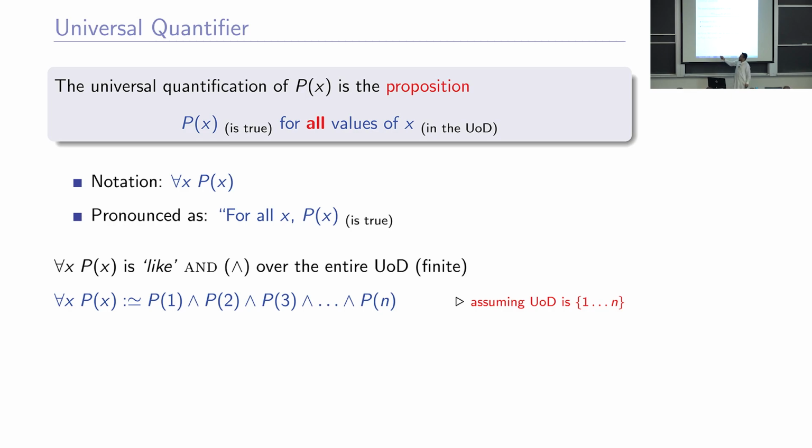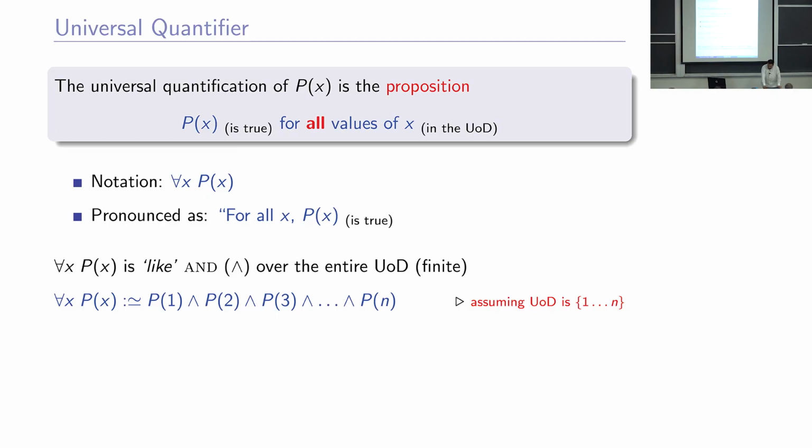So it means P of 1 is true if the universe of discourse is 1 to n, some fixed number of integers, and P of 2 is true, and P of 3 is true, and P of 4 is true, all the way up to P of n is true.